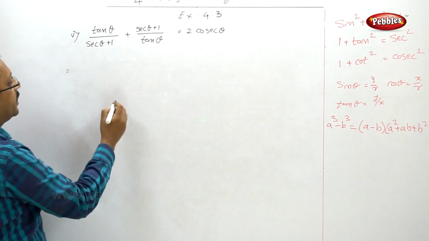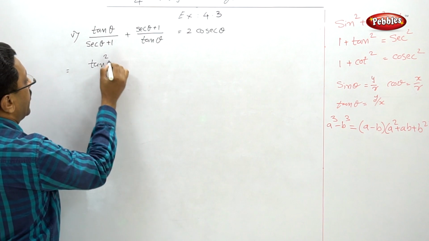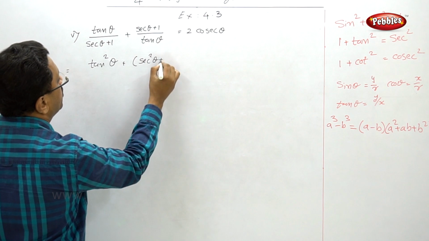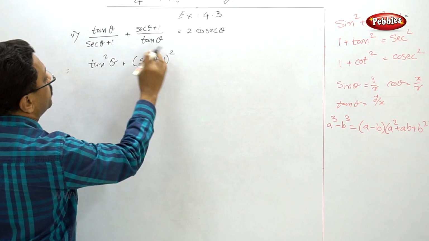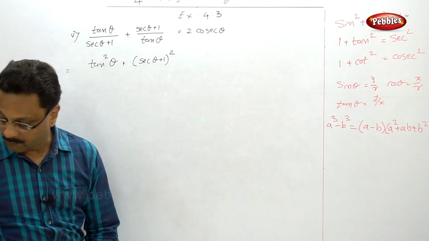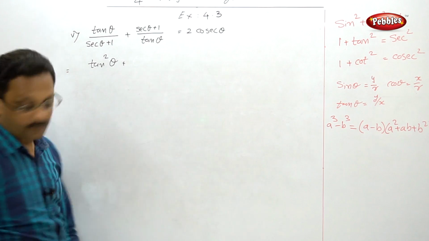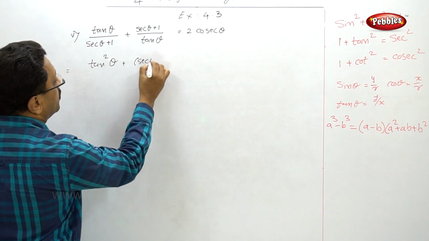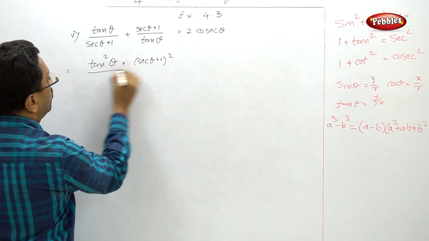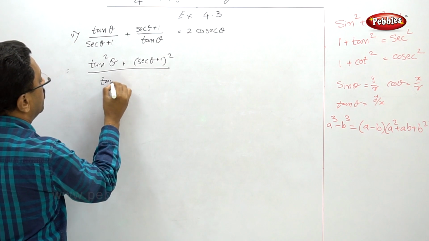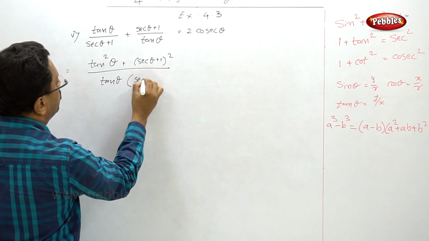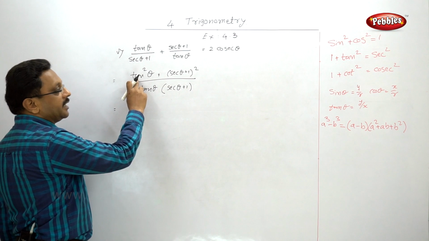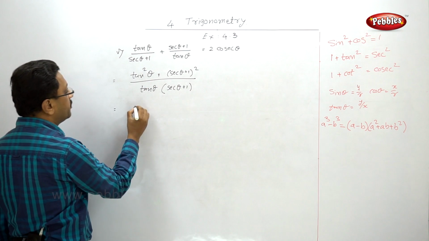So this is left hand side equal to tan square theta plus sec theta plus 1 bracket square divided by tan theta into sec theta plus 1. We will substitute tan square theta is equal to sec square theta minus 1.